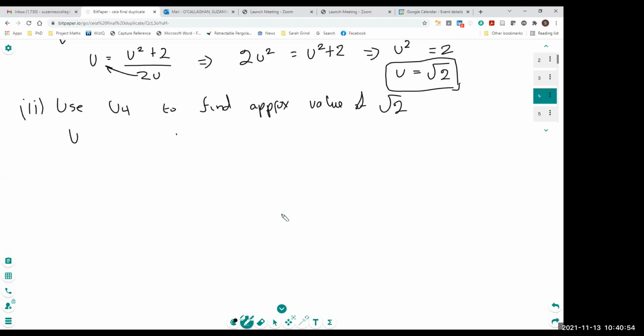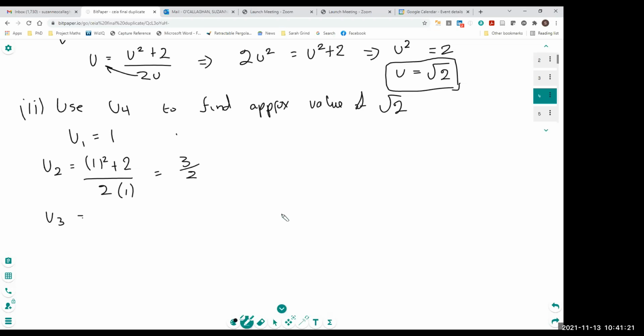So what do we know? We know that U1 is equal to 1. U2 is equal to, based on our formula, 1 squared plus 2 all over twice U is equal to 3 over 2.